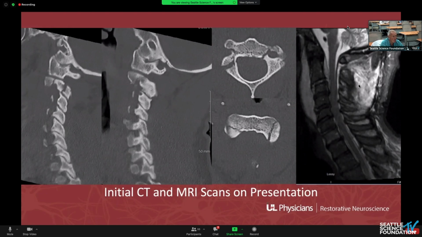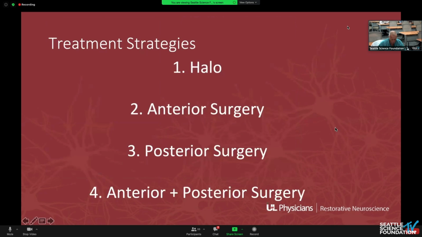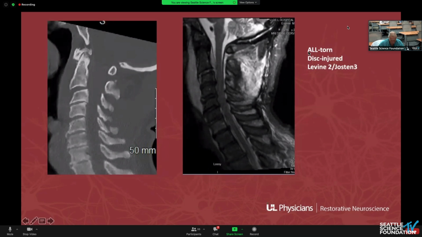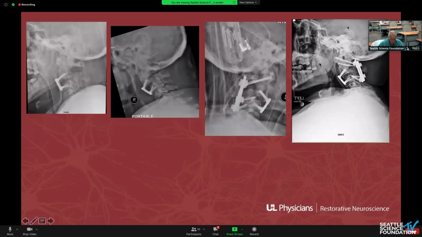You can see also that the fracture is going through the posterior body in an oblique fashion, so this is an atypical fracture. There is a little bit of listhesis and angulation there. In terms of classification, we know the ALL is torn and the disc is injured, so it's a Levine-Edwards 2, Judet 3 classification. This patient underwent an ACDF, but a week later, there was more kyphosis.